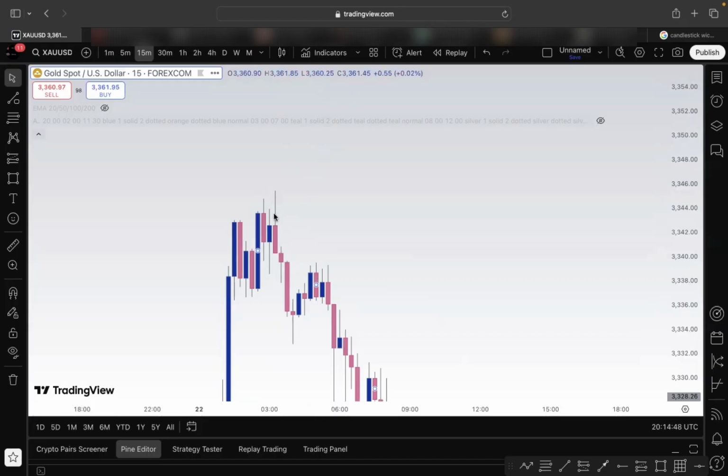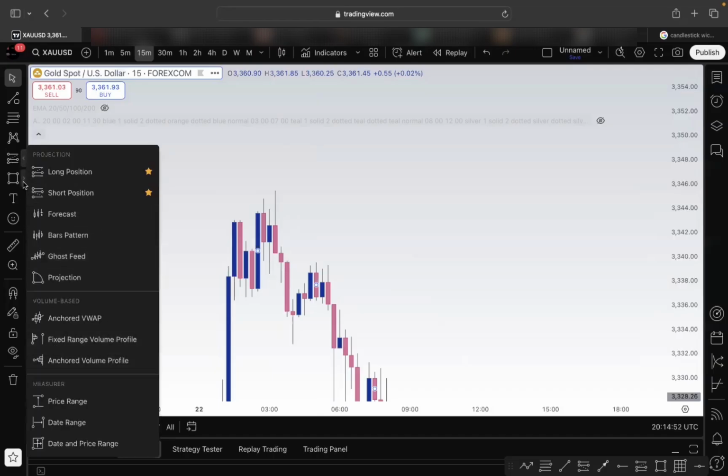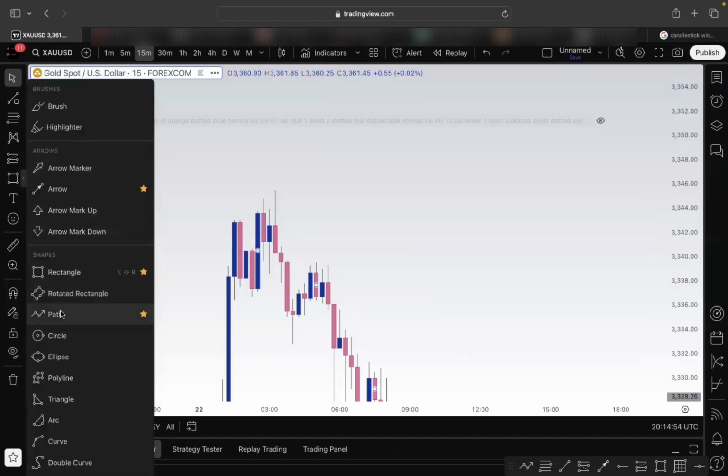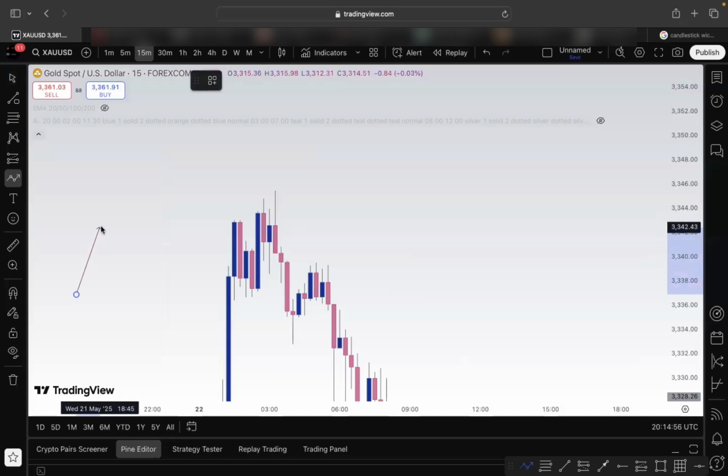So now what we're going to look at is this. Price moves in waves, right? We established that yesterday. When price is going up, it goes up impulsively, retraces, goes up impulsively, retraces, goes up impulsively, retraces.